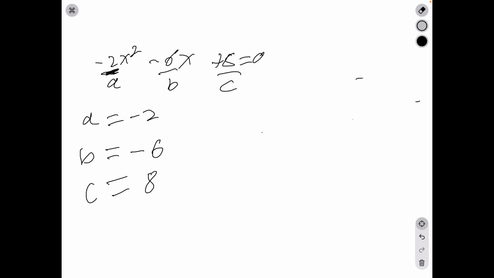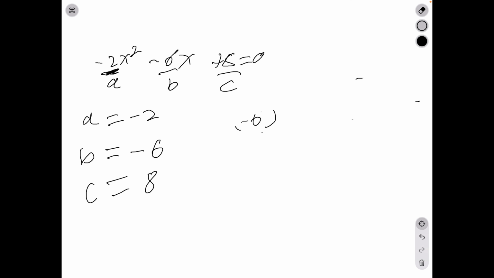So first, we know that we have to start off with negative b. So then it would be negative b, minus negative b. And since the negatives cancel out, this will turn into a positive.